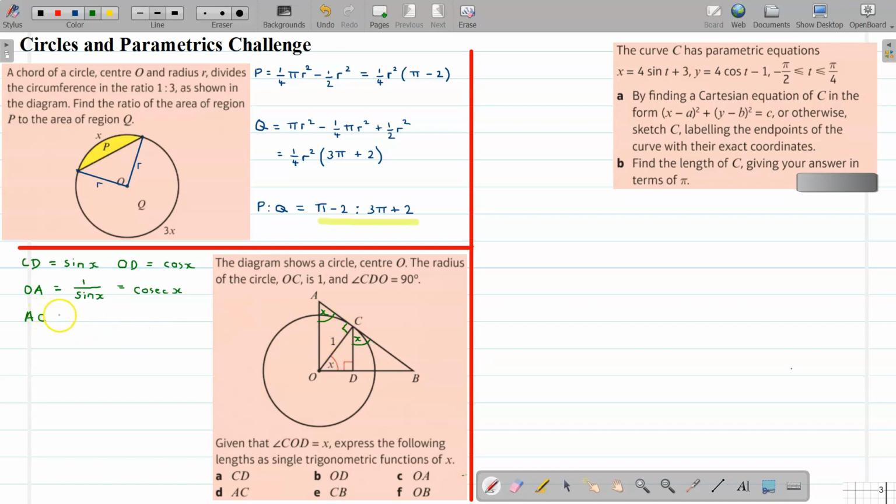So AC must therefore be 1 over the tan of x. And again, if you've done A-level maths, you will know that 1 over tan is cotangent or cot x.